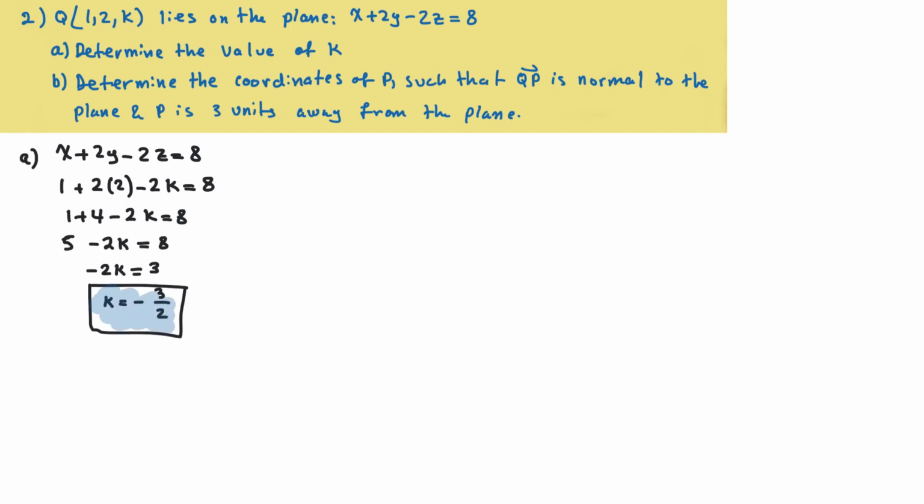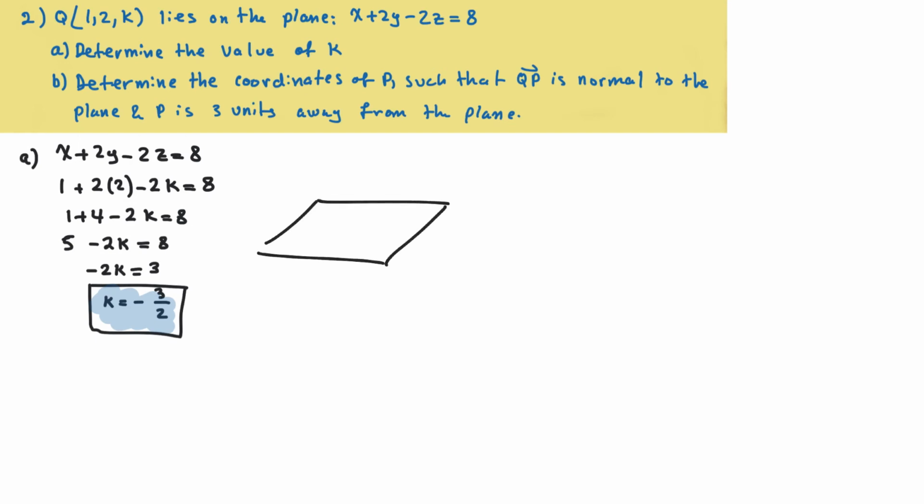For the second part of the question, we're told to determine the coordinates of point P such that QP is normal to the plane and that P is 3 units away from the plane. Let's see how we're going to start this one off. So let's draw it out. So we get a plane.